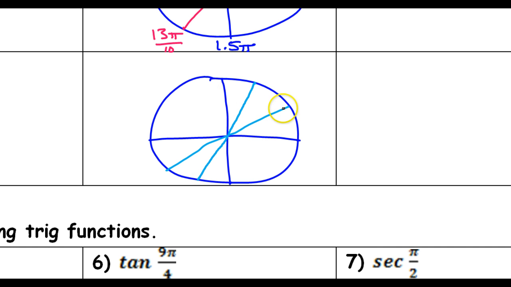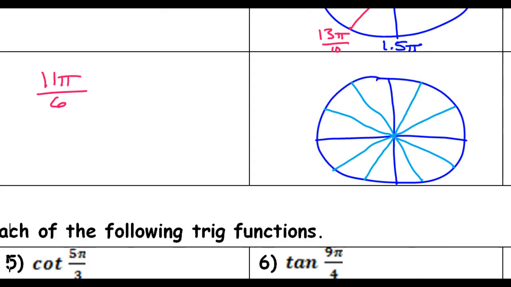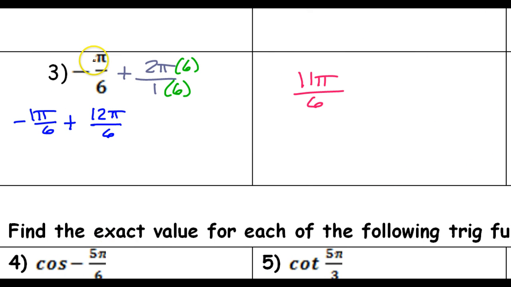Okay, so now I've got 3 pieces up there. I need to do the same thing over here, so I'll have a total of 6. Alright, doesn't have to be perfect. Alright, so there I have 6 parts in the top there. So I need to move negative 1 pi over 6.